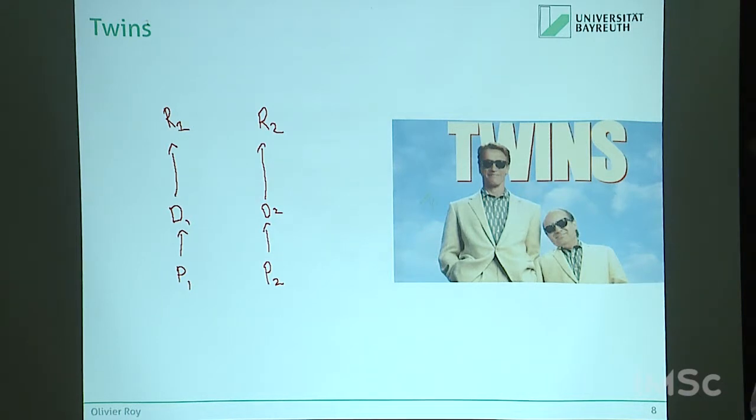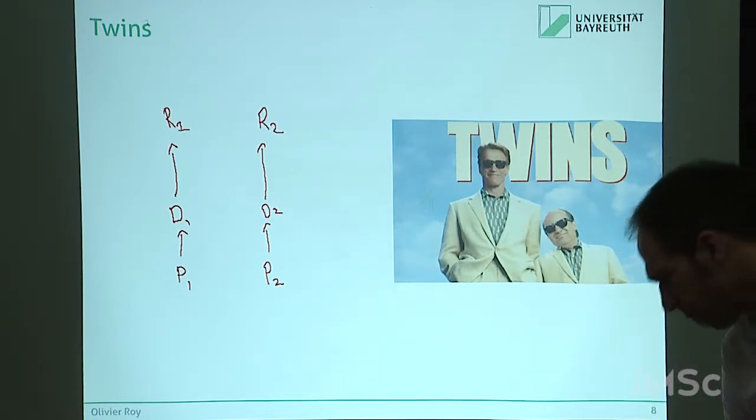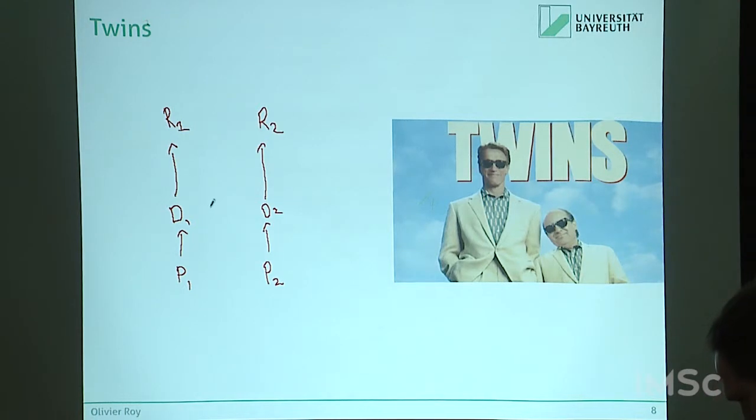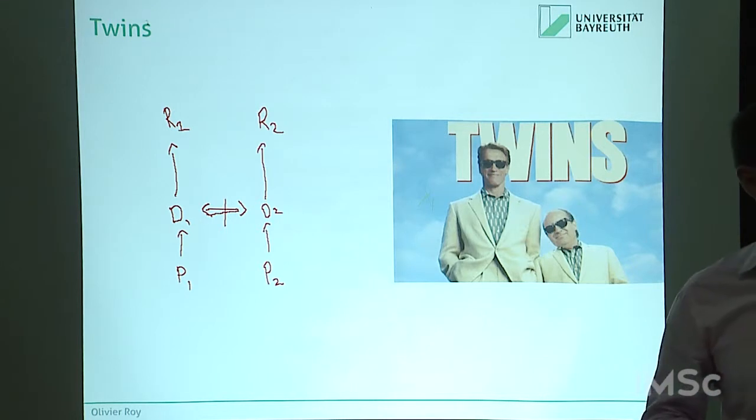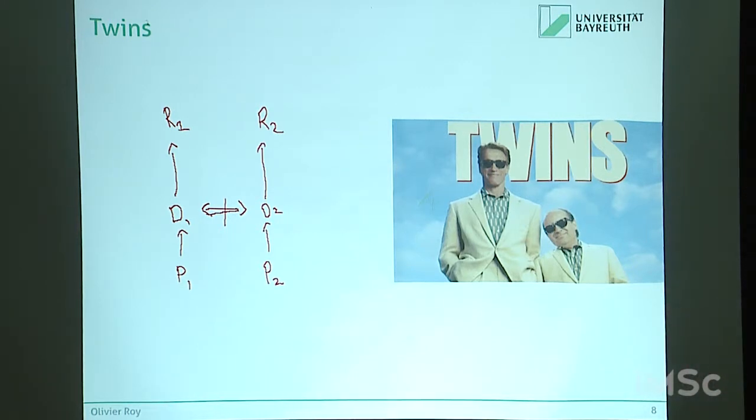Let's say, like in the movies, the two twins, they don't like each other very much, at least at the beginning. Of course, they're all a big family in the end. But let's say you're at the beginning of the movie, and going for dinner with twin 1 excludes, as a matter of fact, going to dinner with twin 2. And I'll write it with a double arrow when it's a matter of fact. So you cannot do both things at the same time.